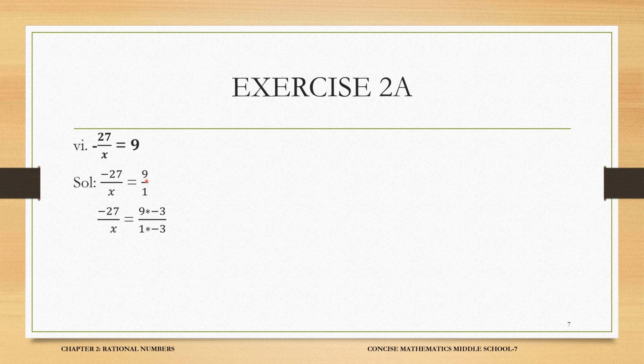So you have to multiply it with minus 3. I'm multiplying this minus 3 with the numerator as well as the denominator. Minus 27 by 7, plus into minus, minus, 9 threes are 27, plus into minus, minus, 3 ones are 3. Right?